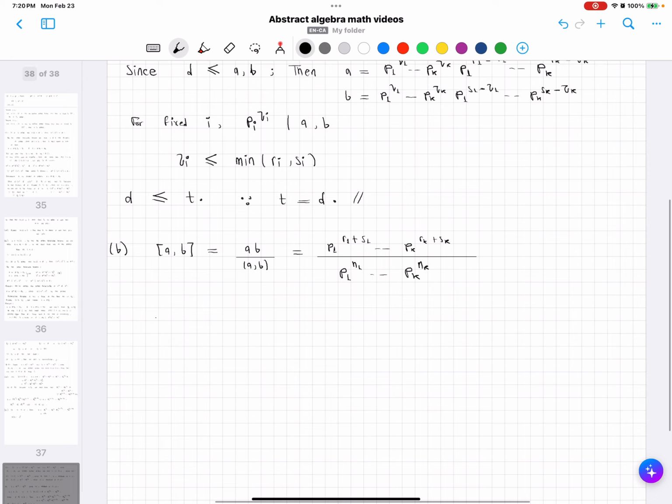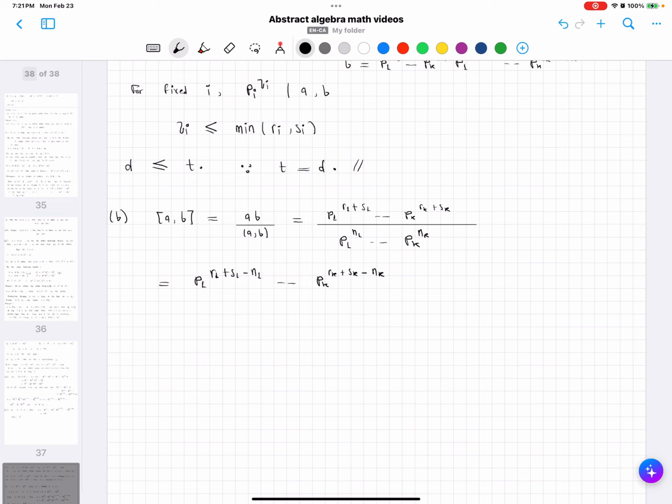So this is equal to P1 to the R1 plus S1 minus N1 up to Pk to the Rk plus Sk minus Nk.